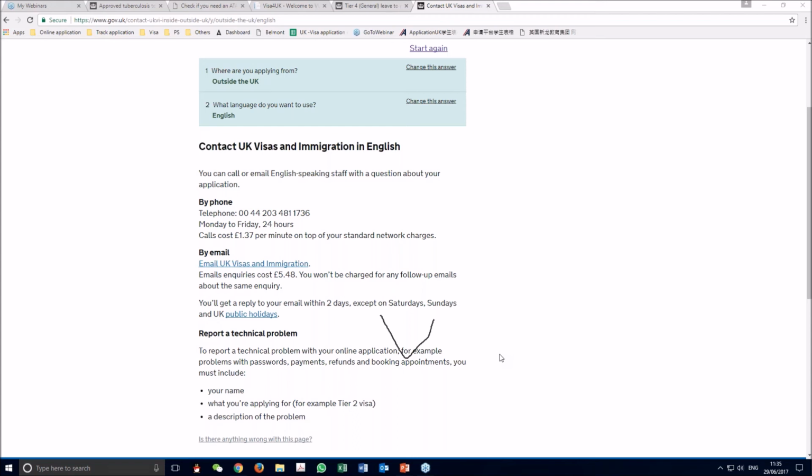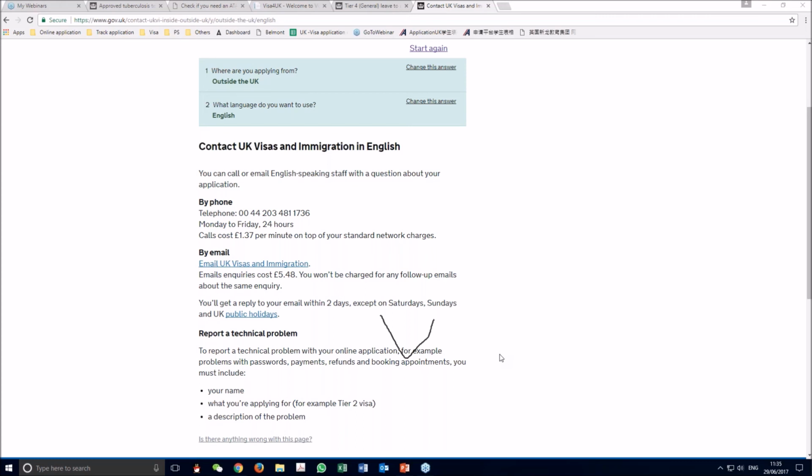The answer is yes. However, there is a rule about bringing family members. I can't really tell you from my memory, I'm really sorry, but the rule is roughly that you have to study a certain course at a certain level. I'm sure it has to be above degree level for Tier 4 applicants to bring family members.